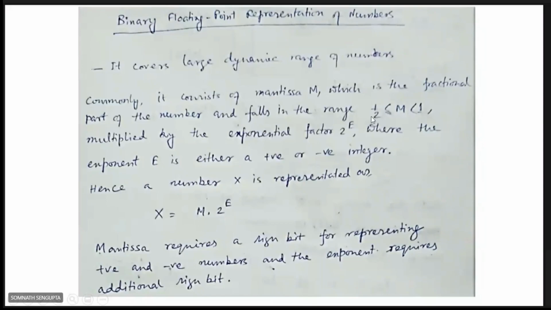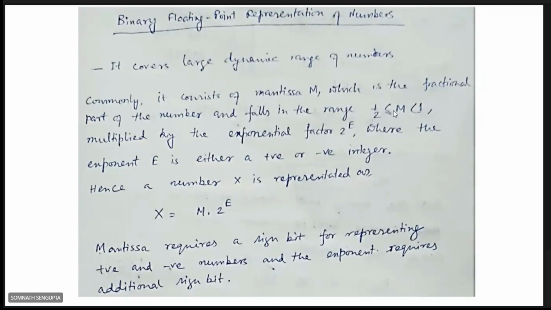In binary, half means 2 to the power minus 1, so according to the binary point, it is 0.1. If you add one more 1 after that, it will be 0.11, so the number will be half plus 1 by 4.